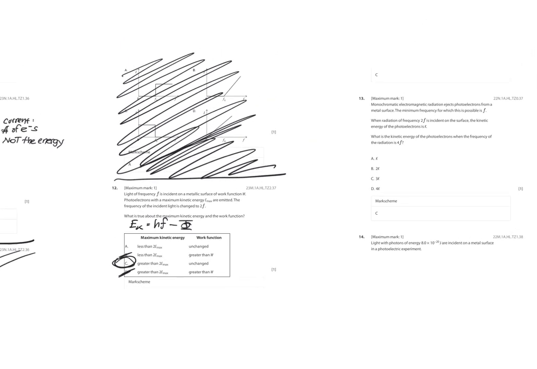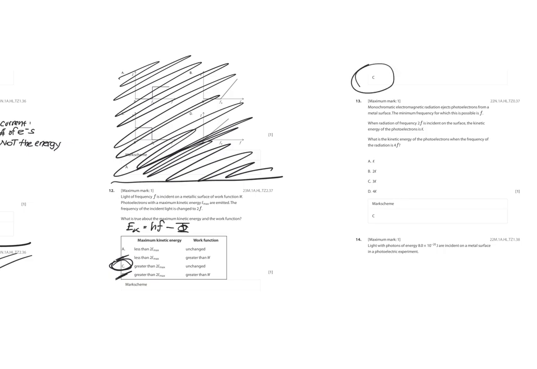So it is not B and it is not D. And then if you increase the frequency, you're going to have a greater maximum kinetic energy. So as frequency goes up, the energy goes up. So the maximum kinetic energy is going to be greater, and the work function is unchanged, which agrees with the mark scheme.